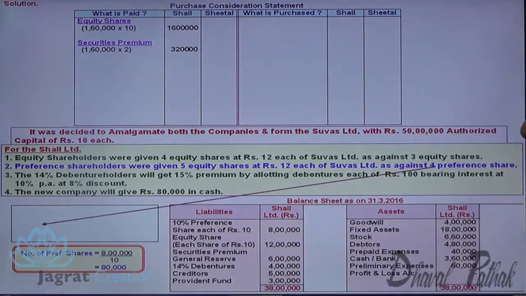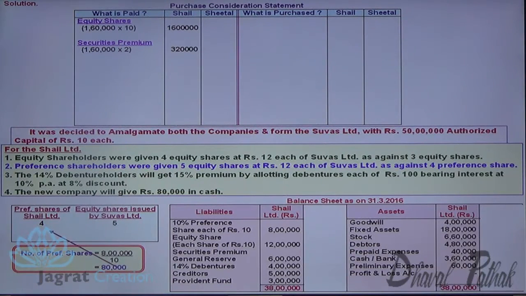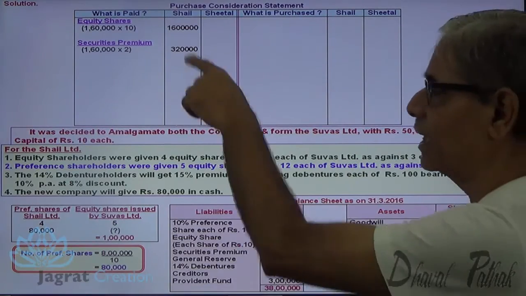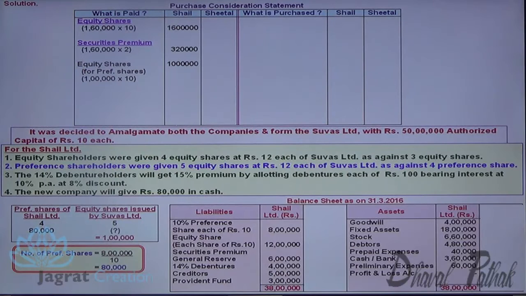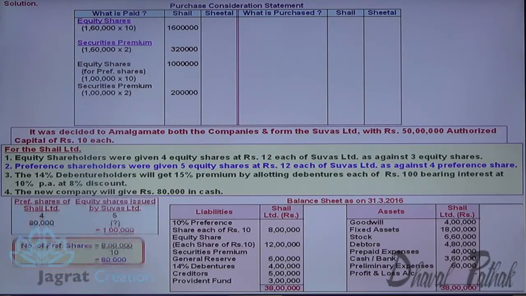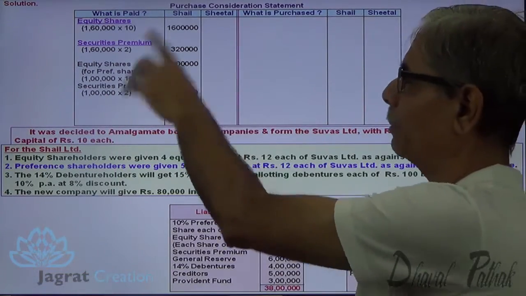So let us work it out. For 4 shares, 5 shares are to be given. How much for 80,000? That works out to 1 lakh equity shares for preference shareholders. So 1 lakh into 10. The share is given at a price of ₹12, so 2 is the premium. Securities premium is 1 lakh into 2, 2 lakhs. This is the payment made for preference shareholders.